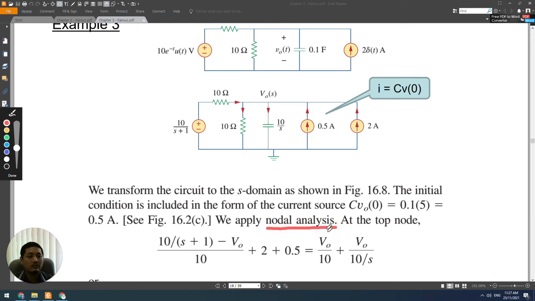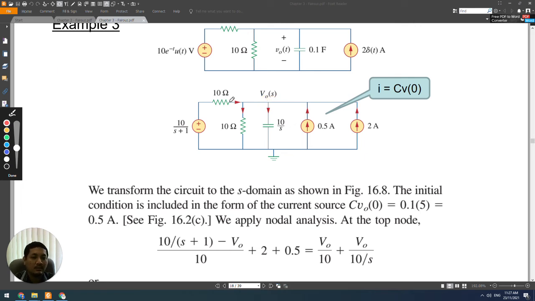So based on nodal analysis, we need to calculate the current in and out at this node.